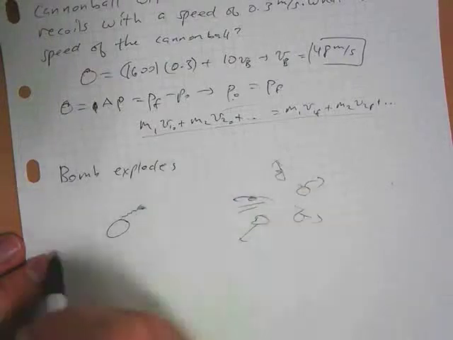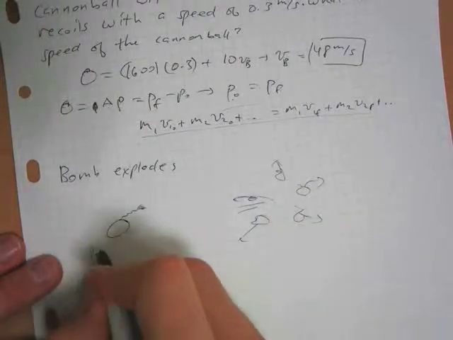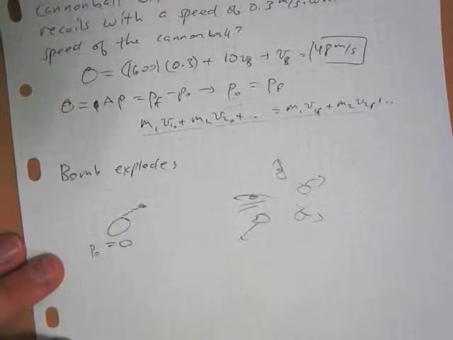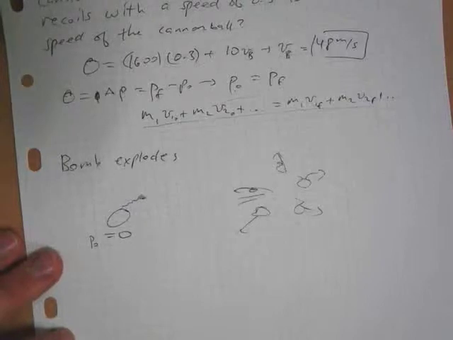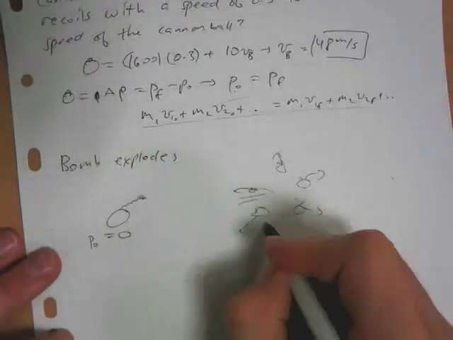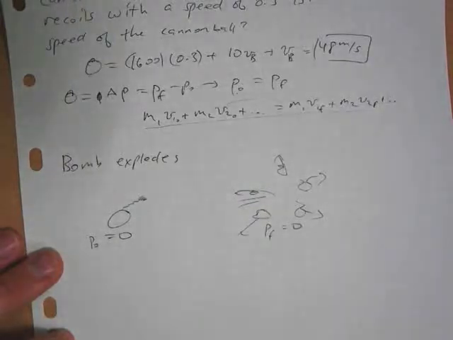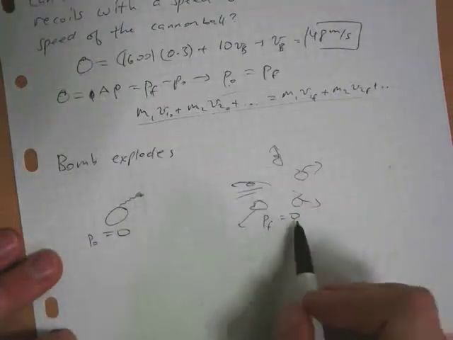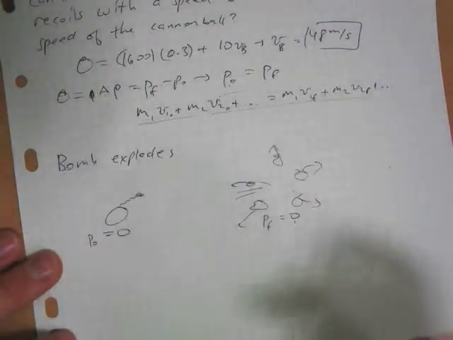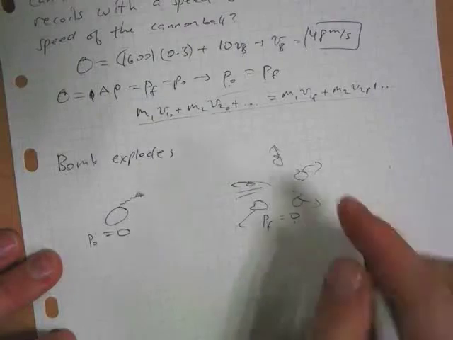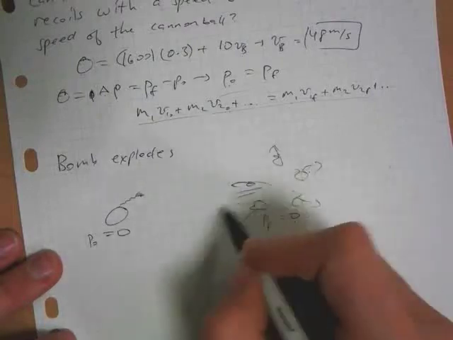Initially, the bomb has 0 momentum. There is no net external force acting on the bomb. So after the explosion, our final momentum must also be 0, which seems kind of strange, but all these different pieces going off in different directions, their total momentum is going to cancel out.